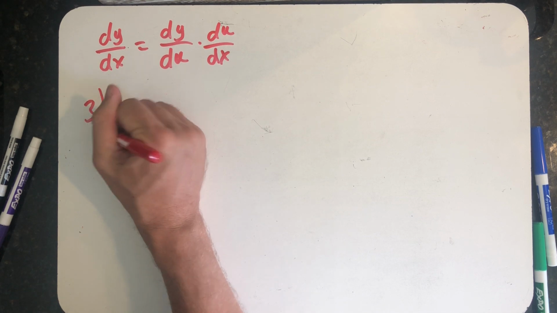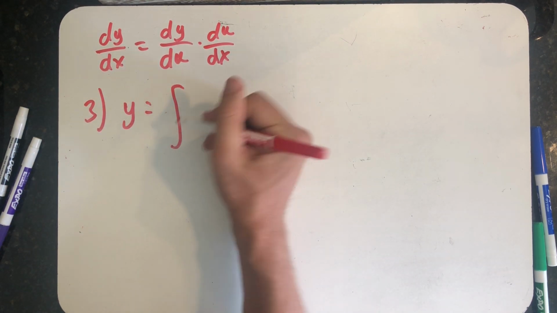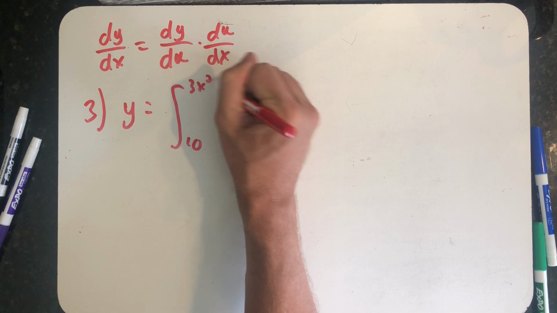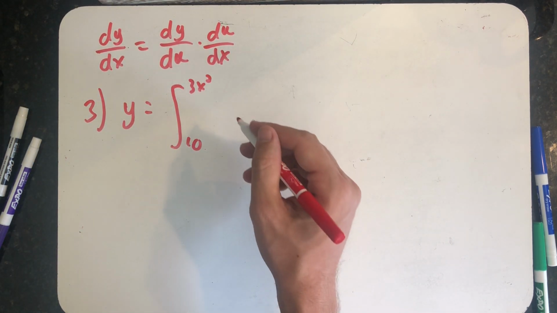So here in number 3, we have a function in the format where instead of having an x in the bound, it's been replaced with a u.